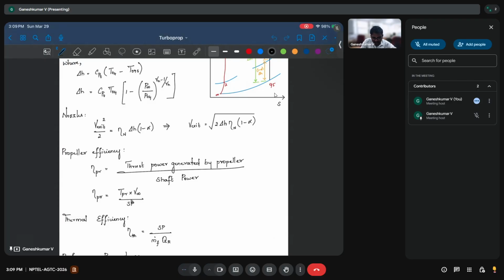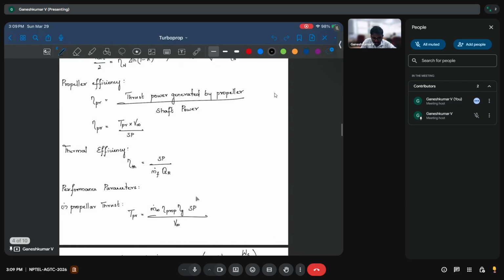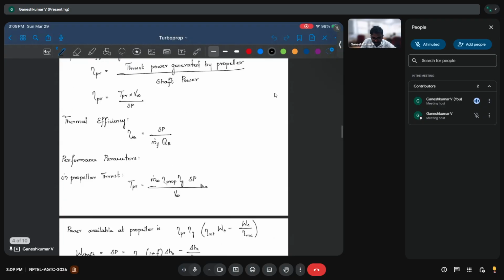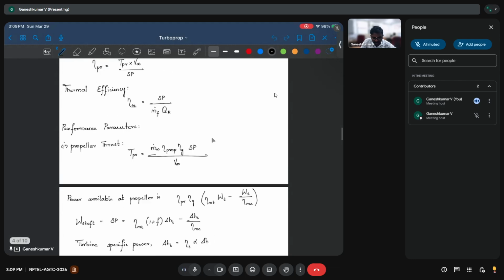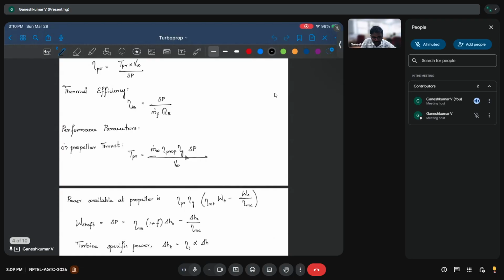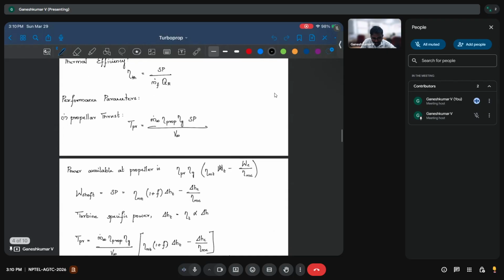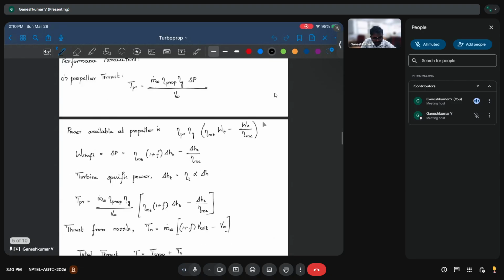So this is the propeller efficiency, and the thermal efficiency is nothing but the shaft power divided by m dot f times q, the amount of energy the fuel brings in. The other performance parameters include propeller thrust, which is eta propeller times eta g times shaft power, where shaft power is the power available to the propeller, divided by V infinity.